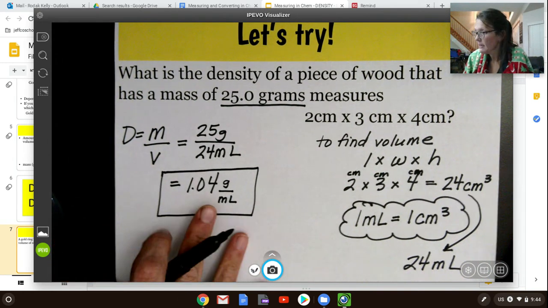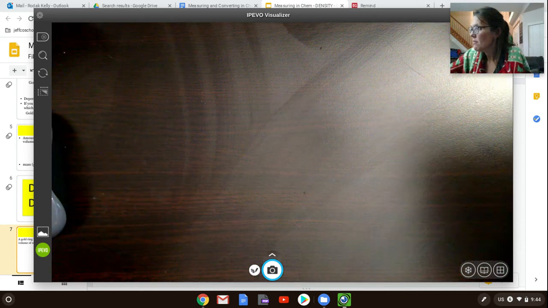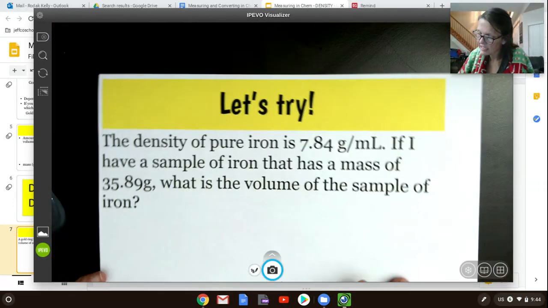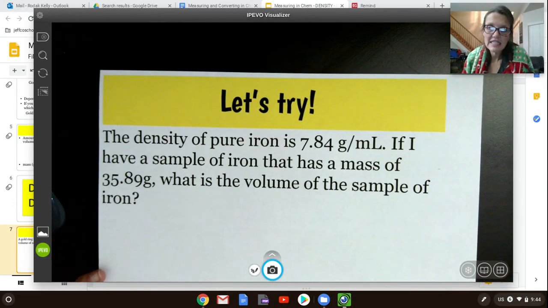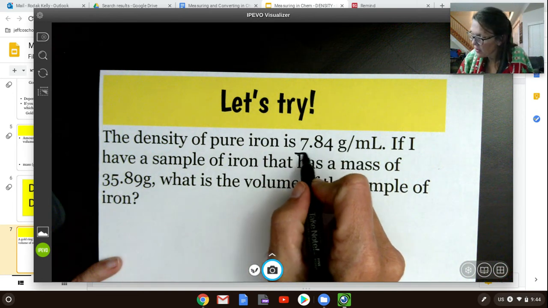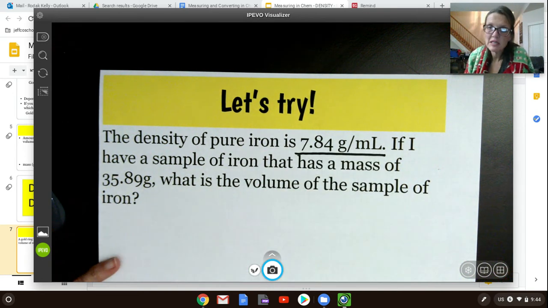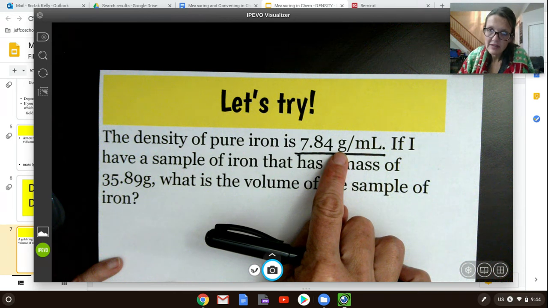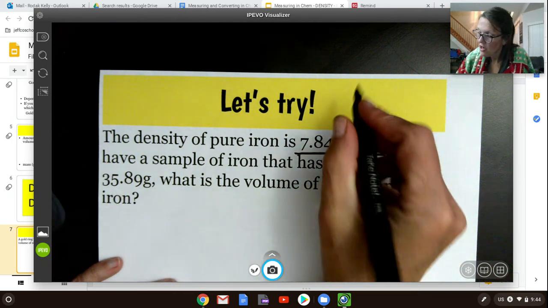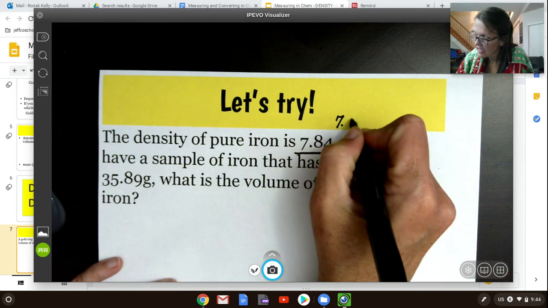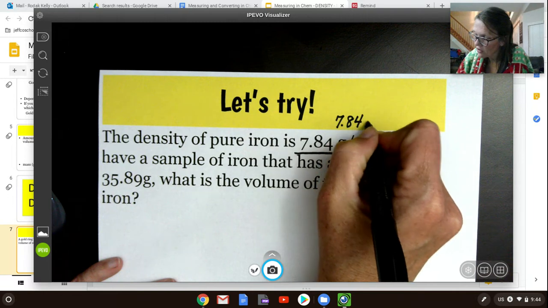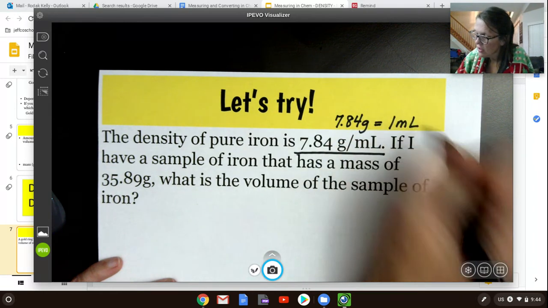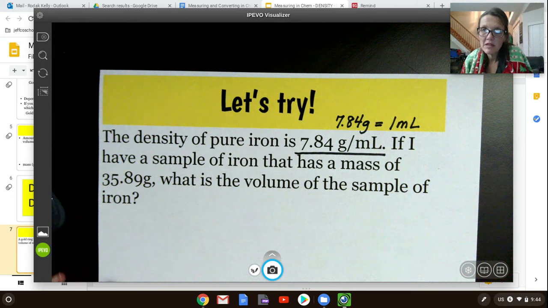Real basic. Okay, last example problem we're going to do is going to give you the density this time. So this is kind of different. It tells us that the density of pure iron is 7.84 grams per milliliter. Now, what does that really mean, right? 7.84 grams per milliliter. What that's saying is that 7.84 grams is equivalent to 1 milliliter.